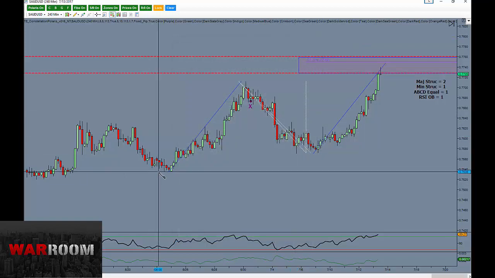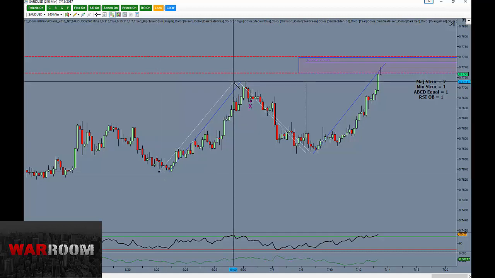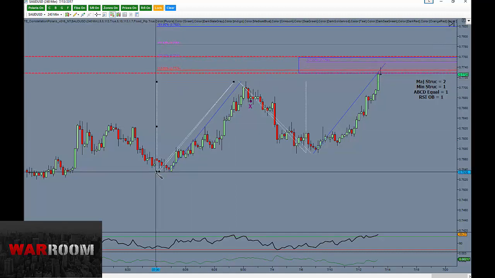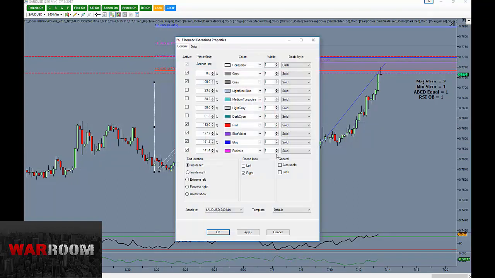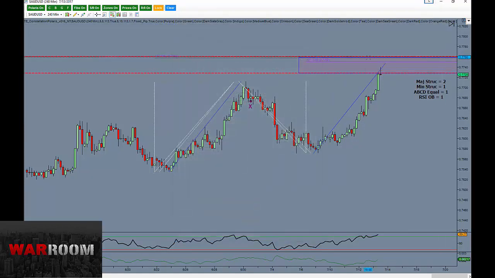Let's bring on our fib extension tool, and yeah, we've got a 127 a little bit higher as well, up in that zone, within, what is it, within 8 pips of the other one. So little fib cluster up there, within 10 pips of each other. So we can really start to narrow down this kill zone now.